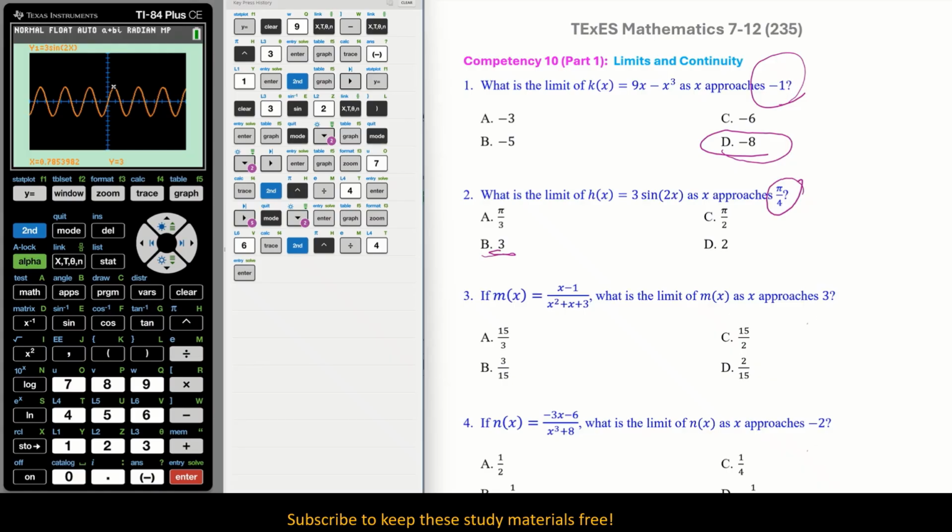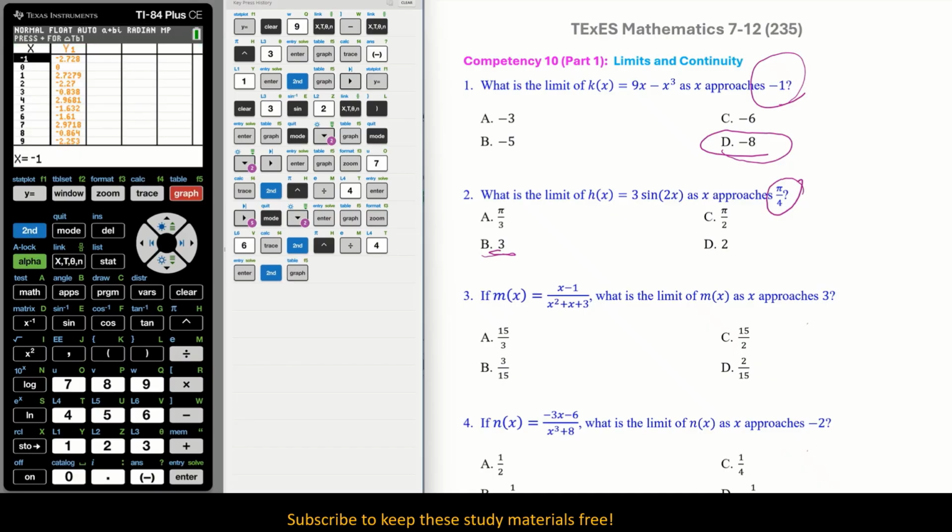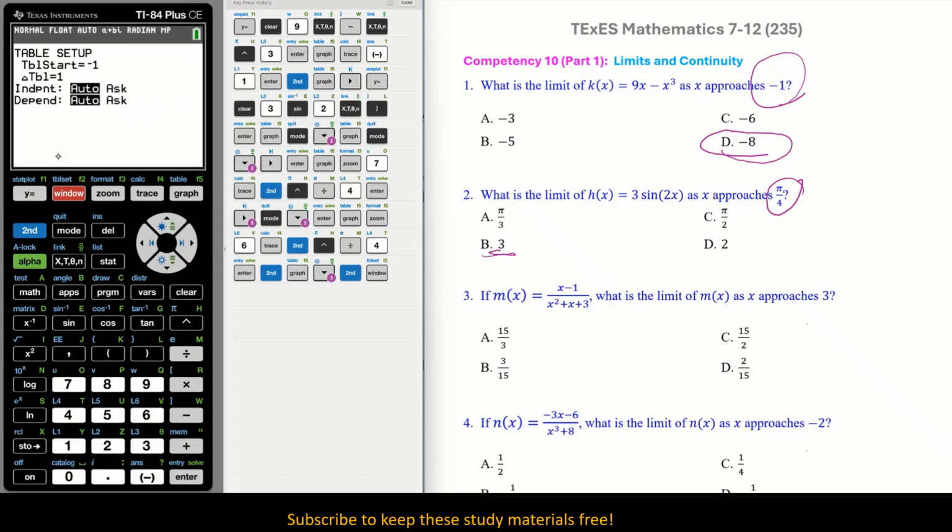The best idea for this would be to go straight to your table. Second graph. And we need to look, see, that's another thing. See how it's kind of difficult, how it skips our 3. It's going up, it's going down, and we could go to second window.